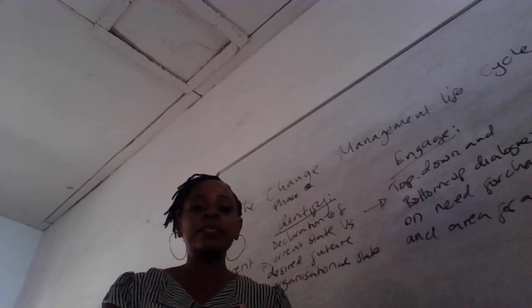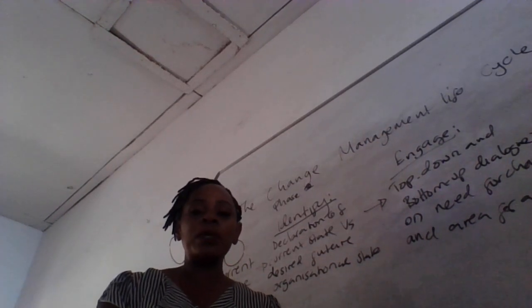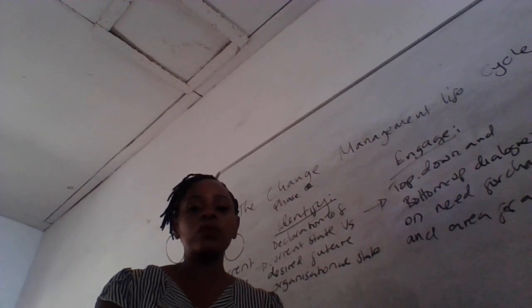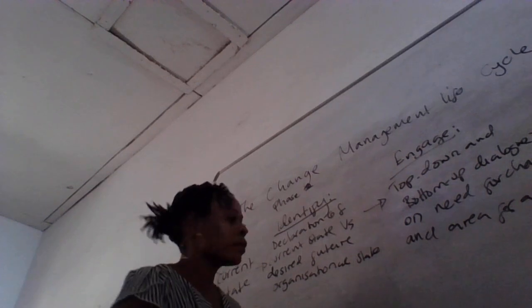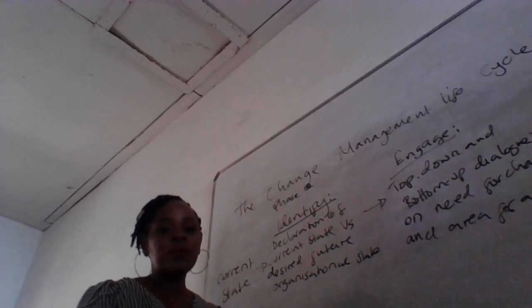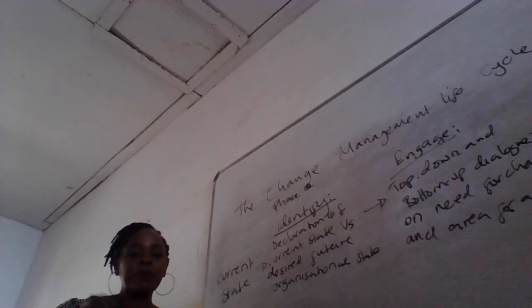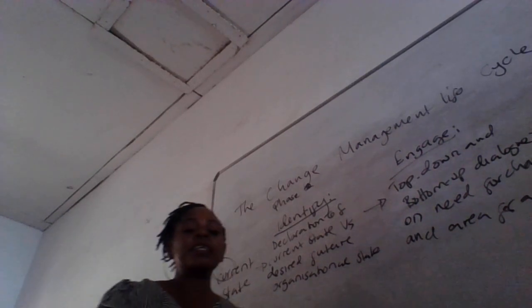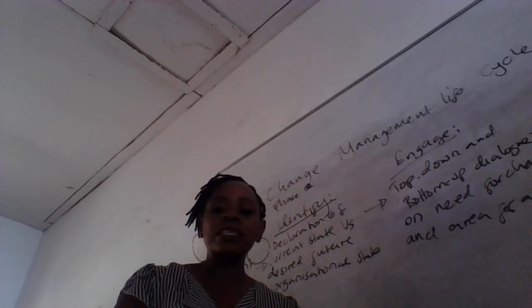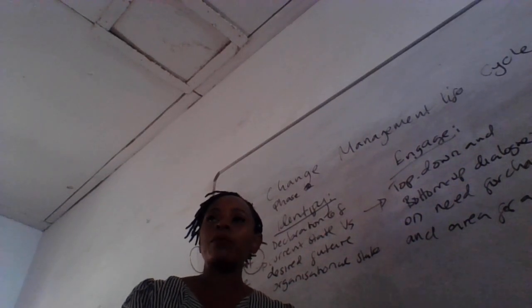Additionally, organization leaders should ask themselves the following people-related questions to ensure successful implementation. Number one, does the individual have the ability or desire to work in a new environment?